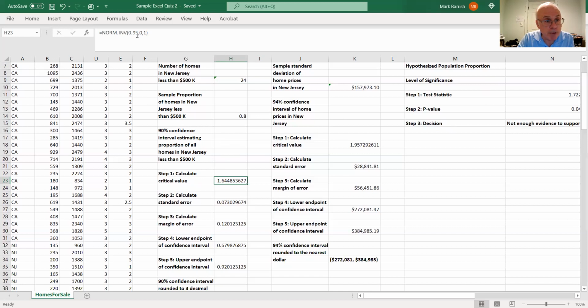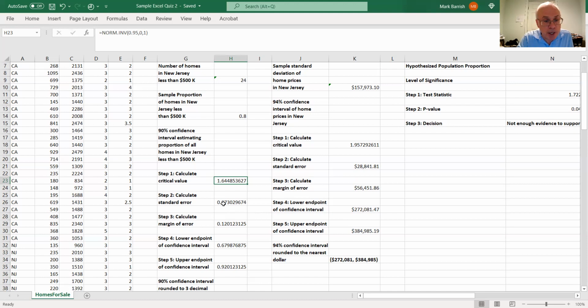Okay, so that's what I'm going to put in for the area or probability. And of course, this is a standard normal or Z critical value. So I'm going to put 0, 1 for the mean and standard deviation. And you probably already knew this, that 1.645 is the Z for a 90% confidence interval. Or maybe you don't know it, but maybe you do from your homework. But I'm going to leave all the digits in there.